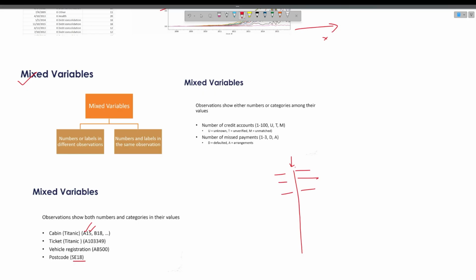Then within A we have A1, we have A2. So it means something, right? This has some meaning, and depending on that, for B and C it goes on, something like that. So it means something, obviously. Great. So it's basically a mixed variable.